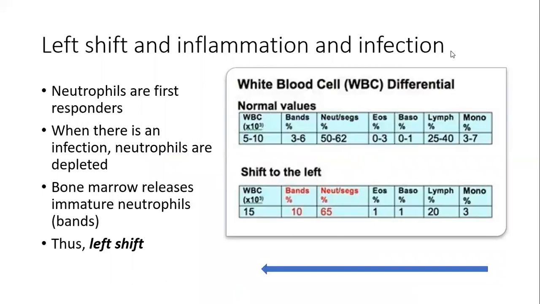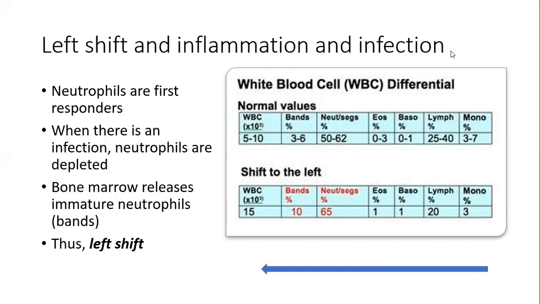So one thing that is good to know about is a laboratory marker for inflammation and infection. So as we noted, neutrophils hit the site first, and so there's a whole bunch of them that are released from the bone marrow, and they're pretty short-lived, and eventually the body runs out of neutrophils. So when that happens, the bone marrow releases immature neutrophils, which are called bands.